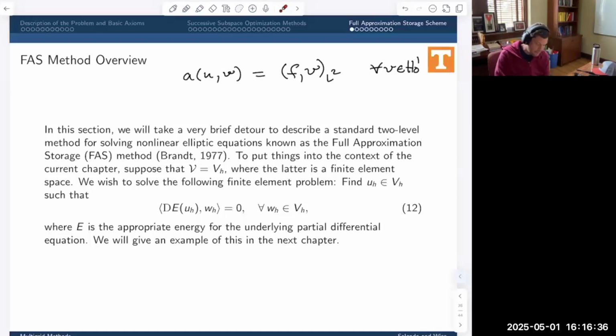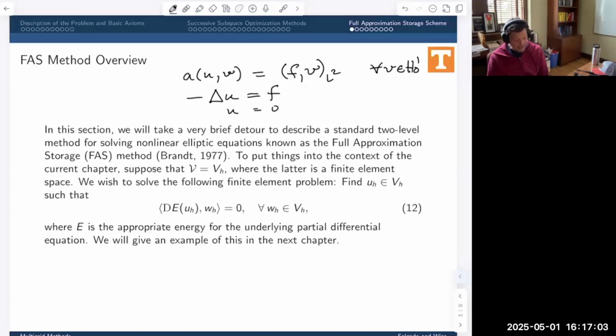Now, this variational problem can be realized as the Frechet derivative of an energy. In fact, let me write out what that energy is. So basically, this problem represents the Poisson problem, right? It's the weak formulation or weak version of it.